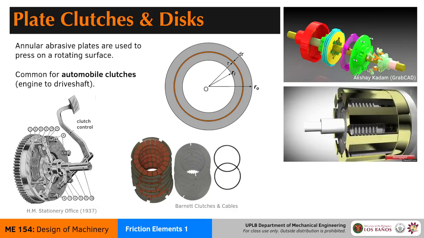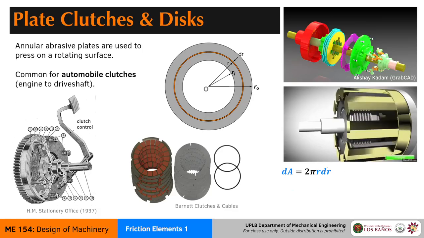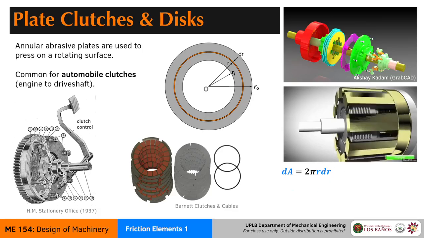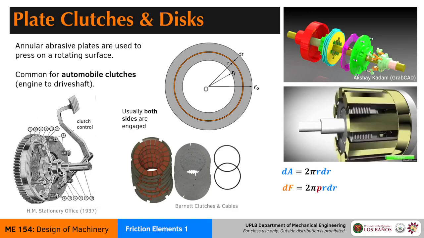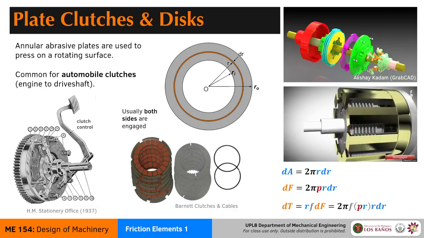To get the area of an annulus, you integrate the circumference times the differential radius element. Now, if you recall, we can substitute this into our expression of the force and the torque. So we have our differential force expression here, and we have our differential torque expression here as well.